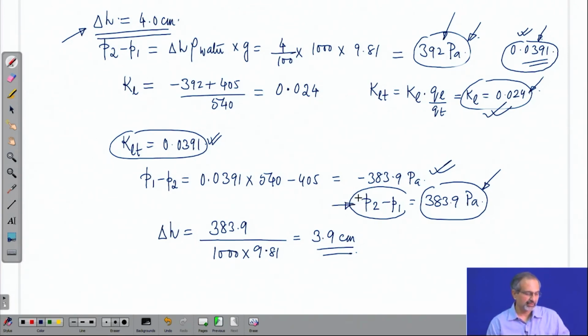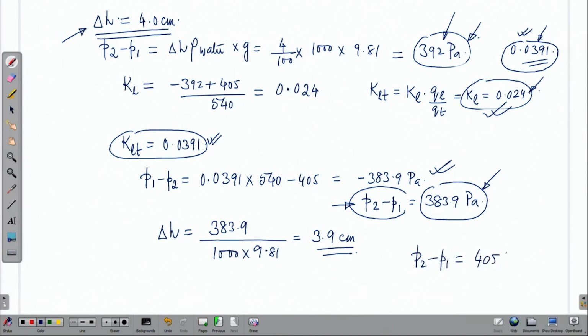It is because there is a loss in static pressure basically. If there was no loss at all, then what would be the situation? The situation would be that P2 minus P1 would then be 405 Pascals for the problem that we are solving. So, this is an ideal case without any losses incurred in the diffuser.